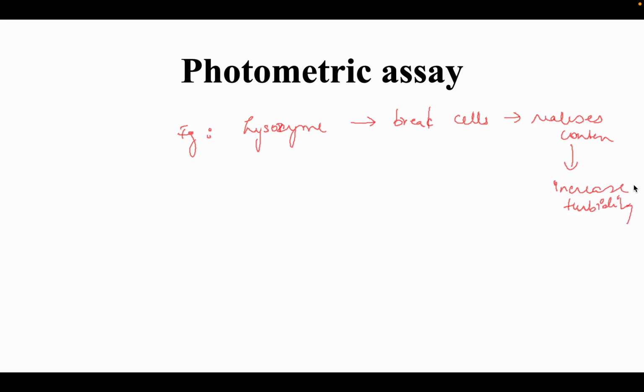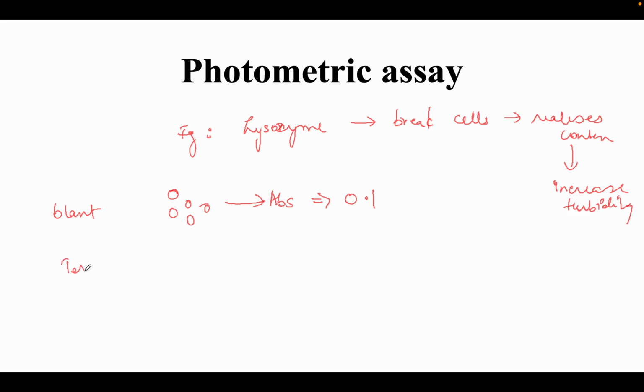Thus, we can measure lysozyme by measuring the turbidity. Suppose we have intact cells; we measure the absorbance or the scattered light, and this will be our blank.